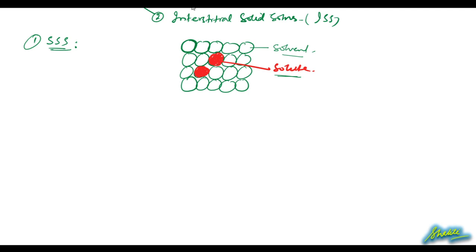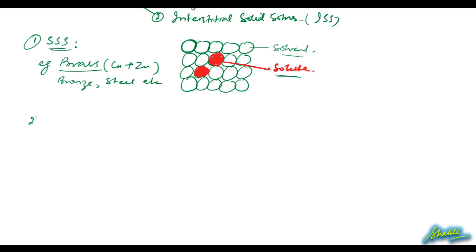So in substitution solid solutions, atoms, molecules or ions of one substance take the place of another substance in a crystal lattice. And the example for this is brass, where copper and zinc are mixed together. Other examples are bronze, steel, etc.